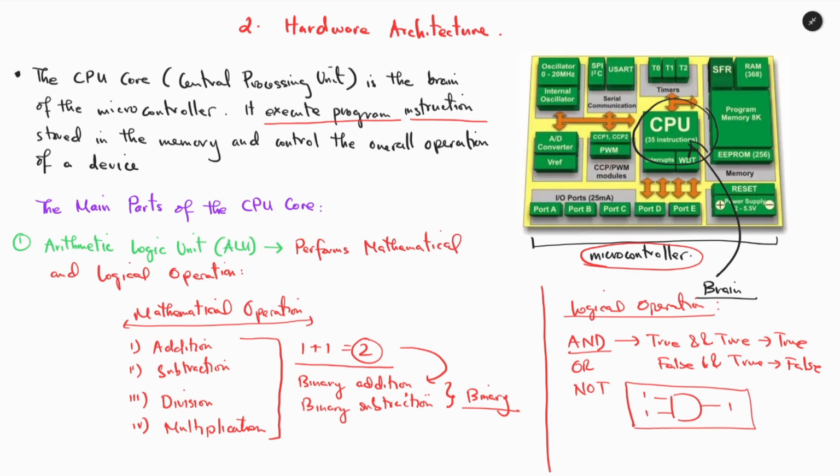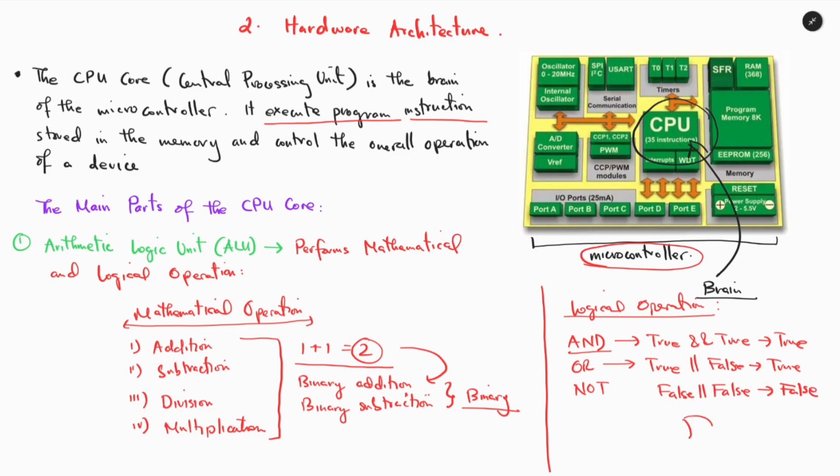And this is the condition of the operation in which the arithmetic logic unit will perform based on the specific gate. When we look at the OR gate, when we have true or false, we can have the output which is true, except when we have false and false, the output will be false.